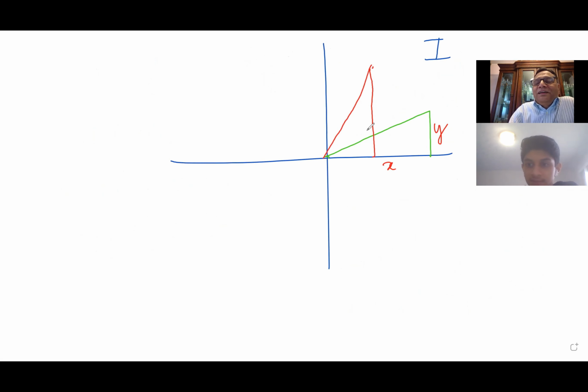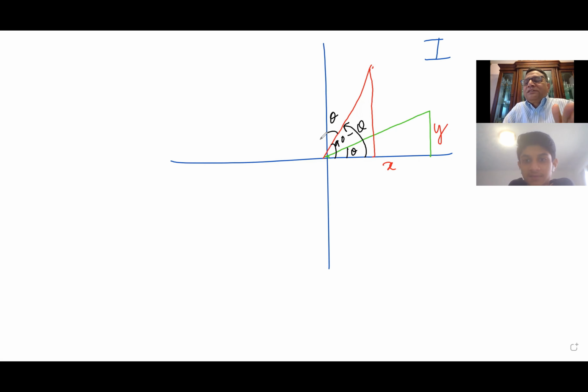If one angle is theta, then the other angle is 90 minus theta, because I'm taking this as theta. In that case, co-function identities work and we have the relations. Perfect.